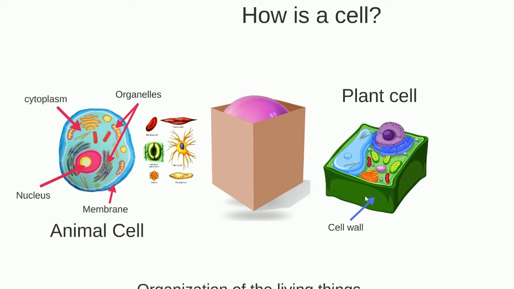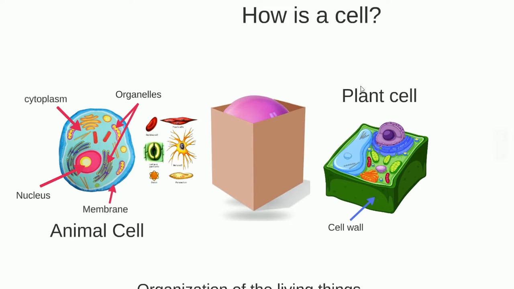The cell wall is a natural cover that keeps the cell shape. For example, this cell has the shape of a square, and this is possible because the cell wall is keeping this square shape. So these cells that have the cell wall are called plant cells, and here we have the same situation that we had with the animal cell.